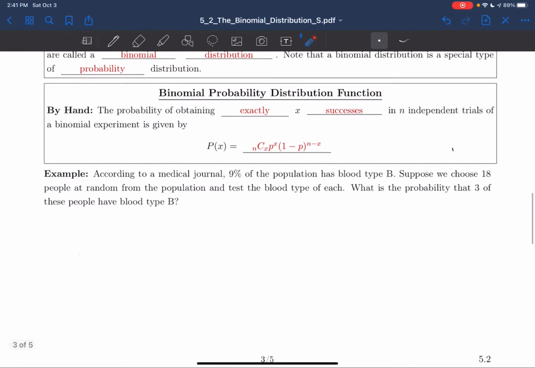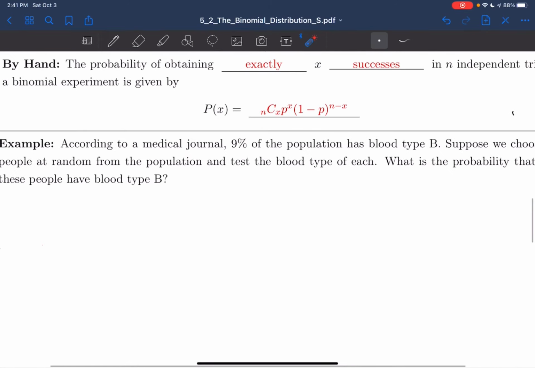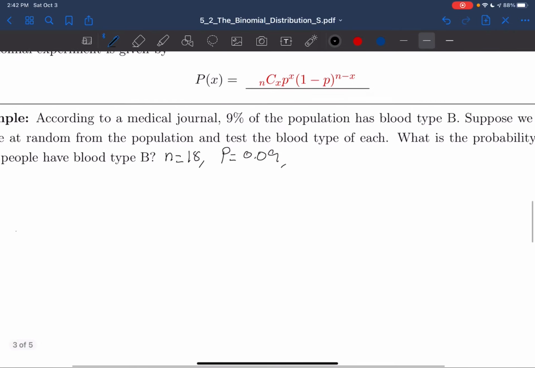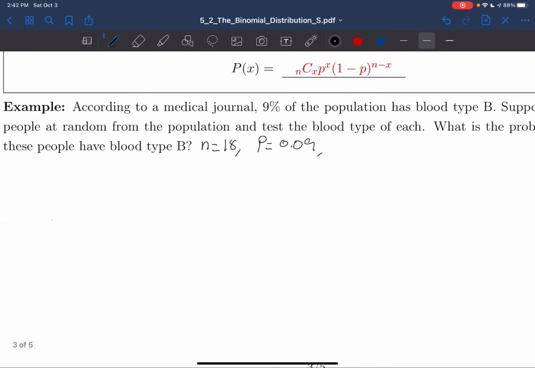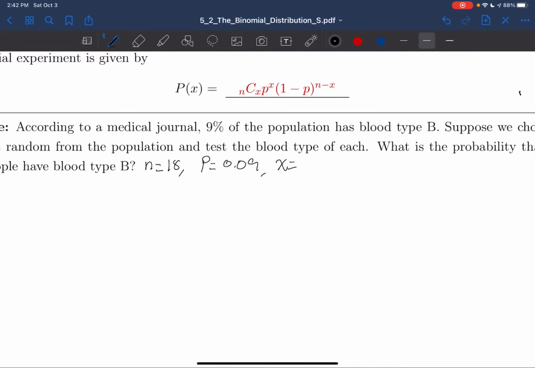So here, let's consider the same example that we did earlier. From this example, we figured out that our n, the number of trials, is equal to 18, and our probability of success p is equal to 0.09. Since they're asking what the probability is that 3 of these people have blood type B, our x is equal to 3.